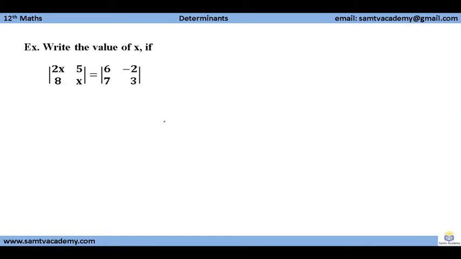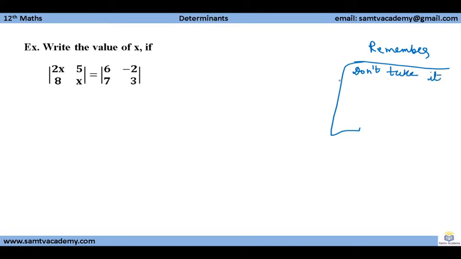Next, here also we have to find the value of x, but you have to remember in this question also, remember this point, don't take it as an equality of matrices. Sometimes in a hurry we don't remember and we use it as an equality of matrices, so the answer will be wrong.